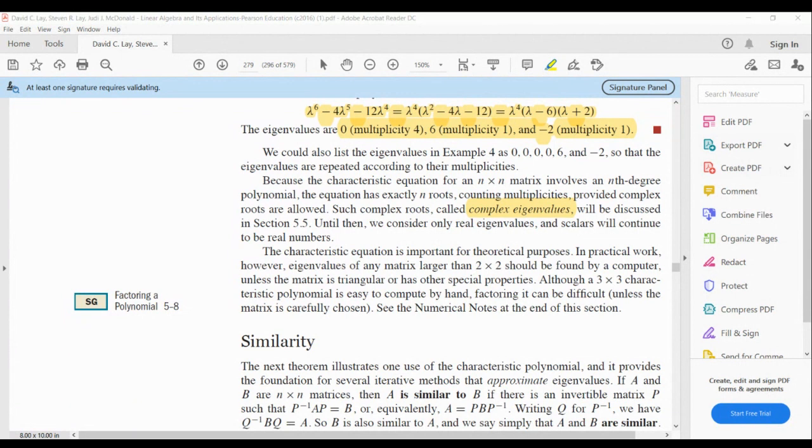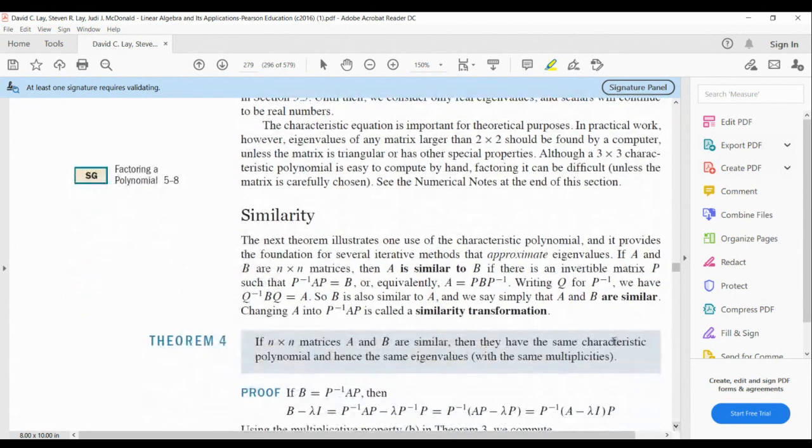Now, the book also talks about something called similarity. We say that a matrix A is similar to a matrix B if there's an invertible matrix P such that P inverse times A times P equals the matrix B, or equivalently, A equals P times B times P inverse.